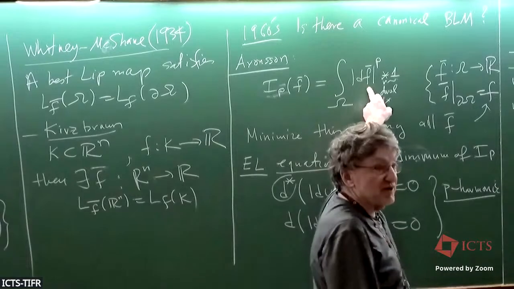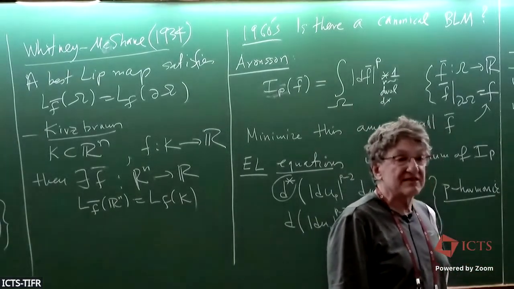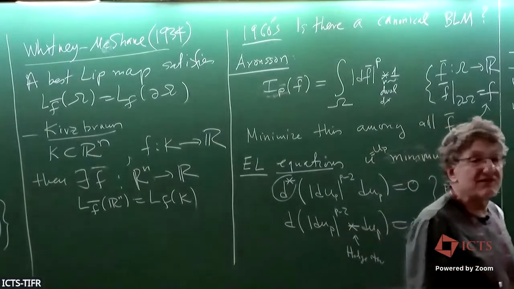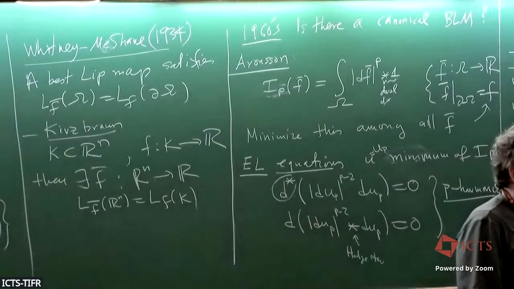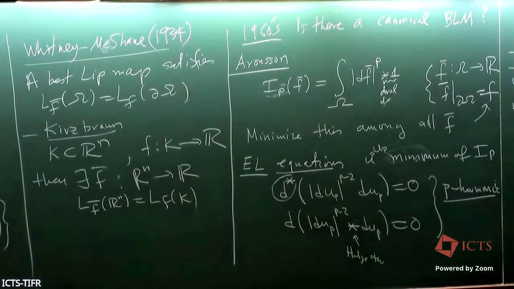There's a version of P-harmonic for maps between Riemannian manifolds that analysts have studied. However, this is not what will give us the best Lipschitz map. In fact, the geometric meaning of the actual P-harmonic maps is unknown.